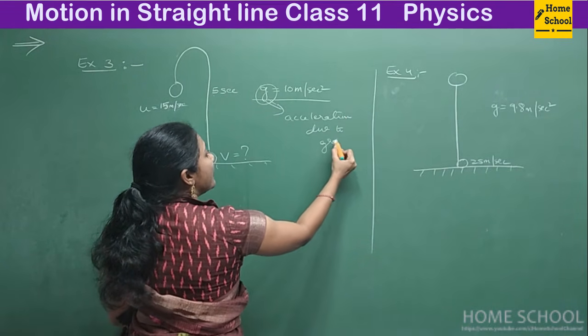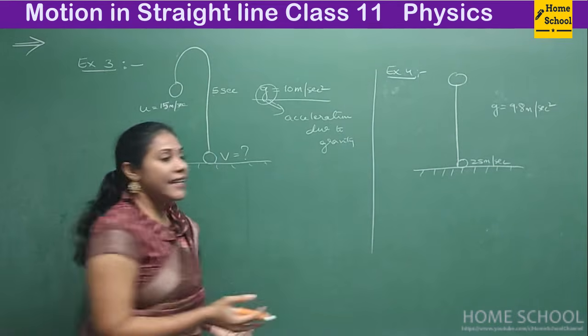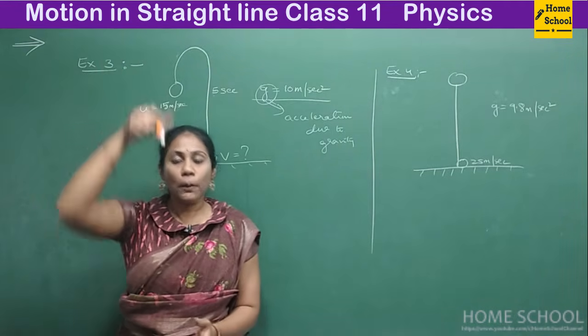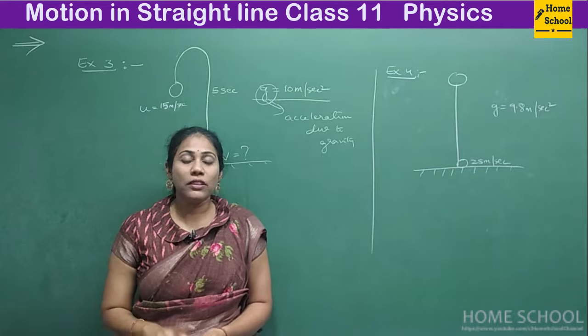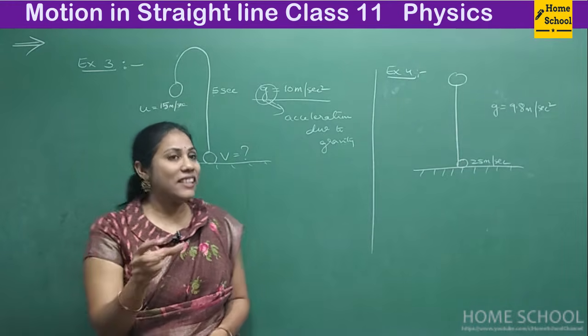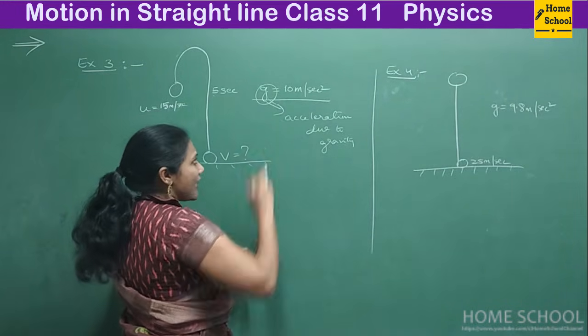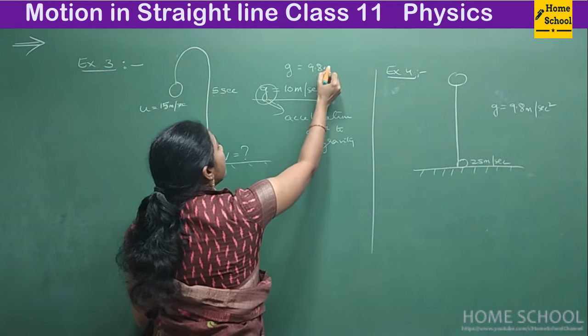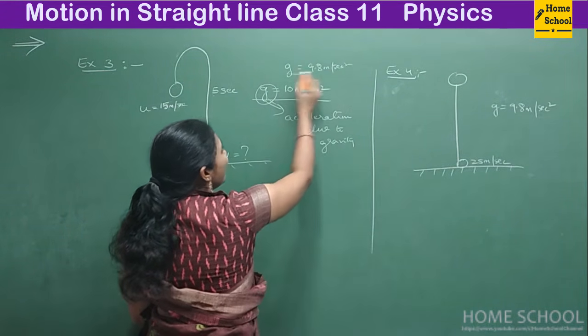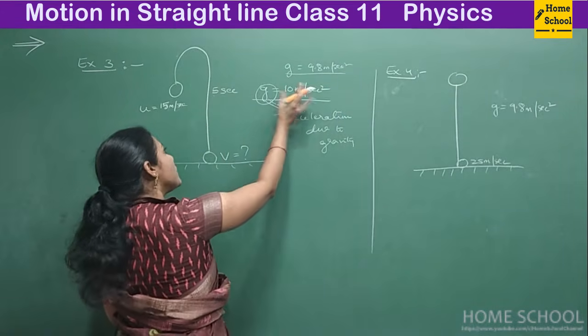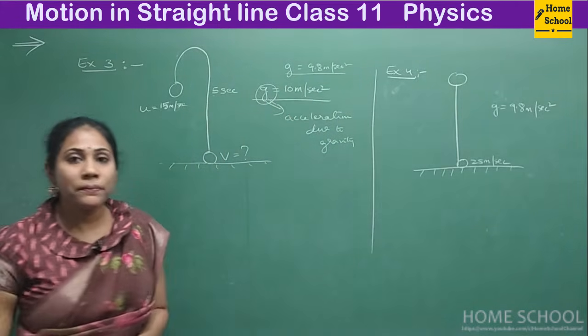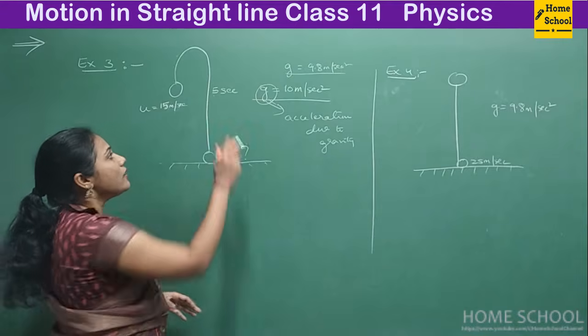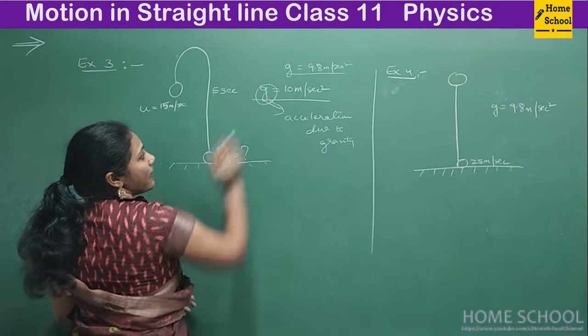Anything coming from the top and reaching the ground will have this acceleration. The actual value of g is 9.8 meters per second squared, but most of the time we can consider 10 for easy calculation. So acceleration here is this much, right?